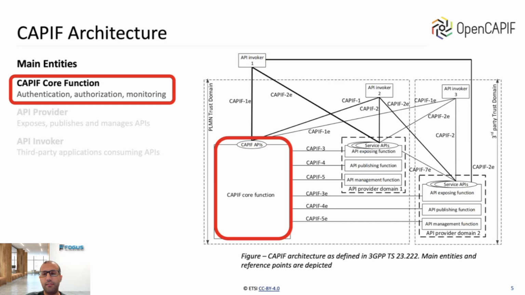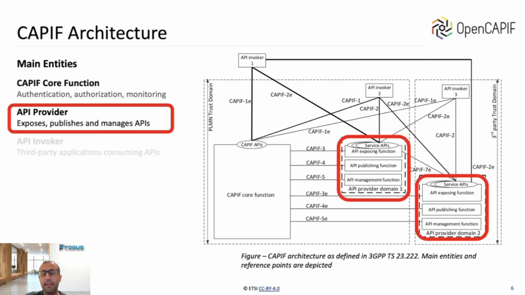The most important element is the CAPIF core function, which hosts all the necessary API management functionalities that CAPIF provides: authentication, authorization, monitoring, and the capabilities to publish and discover service APIs.